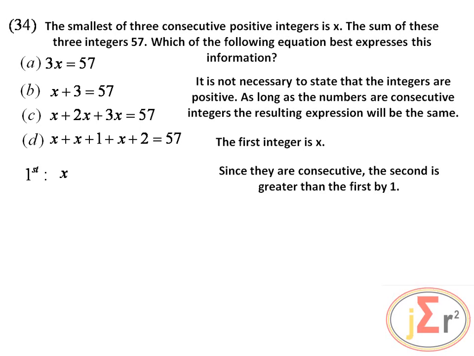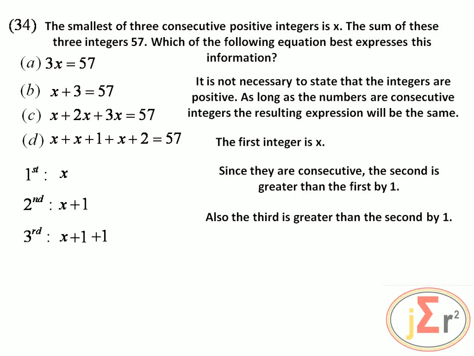Since they are consecutive, the second is greater than the first by only 1. So to get the second, we just add 1 to the first. There we have it. Also, the third is greater than the second by 1 because they are consecutive integers. So we are going to add 1 to the second. And what is the second? x plus 1.